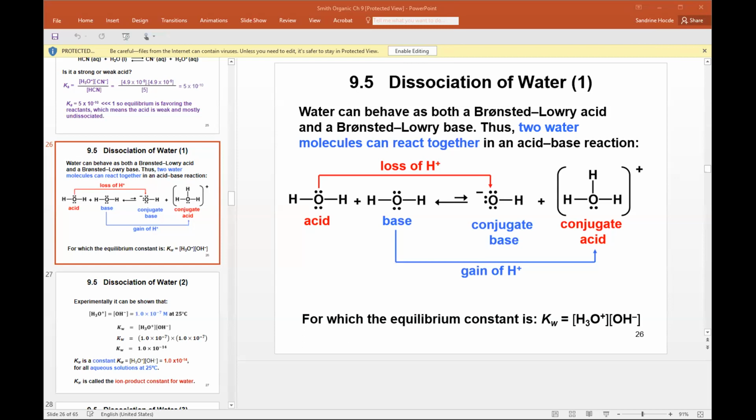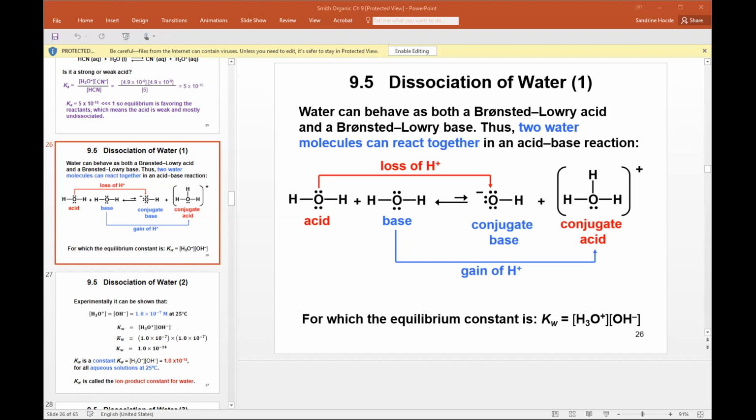So the water as an acid will lose a proton, or donate its proton, to the base. So the acid here, by loss of a proton, becomes OH minus, because H2O minus H plus becomes OH minus. So the conjugate base of water as an acid would be OH minus.